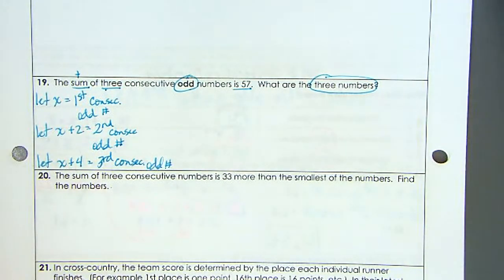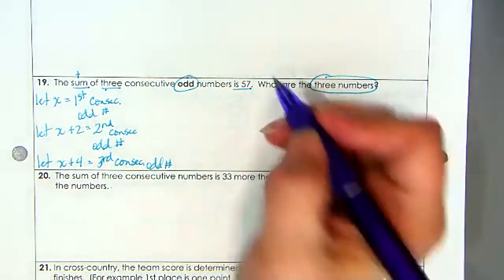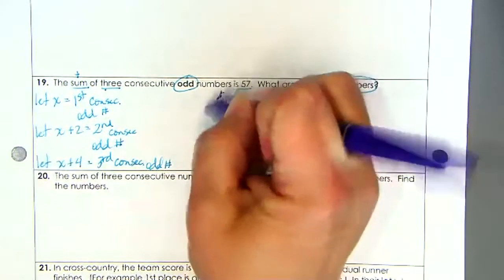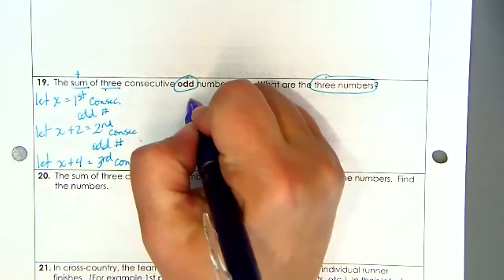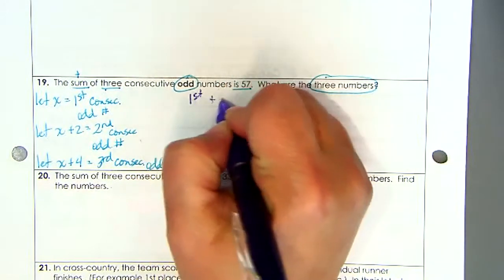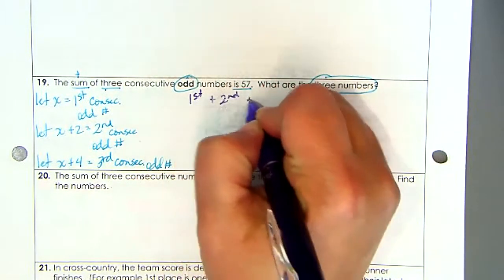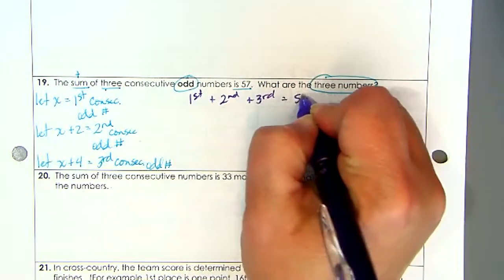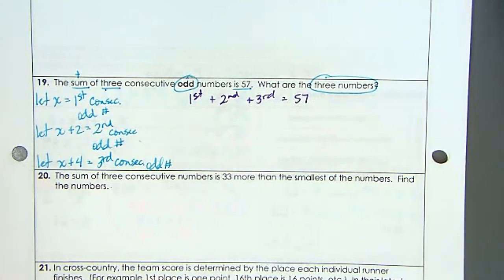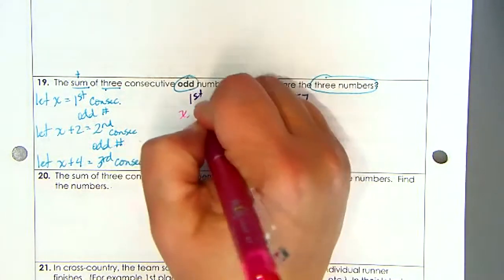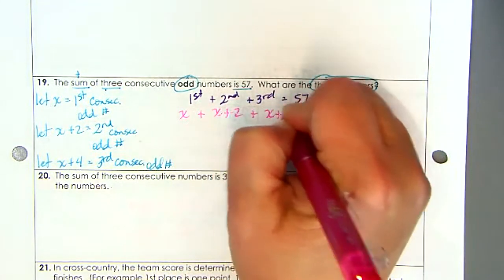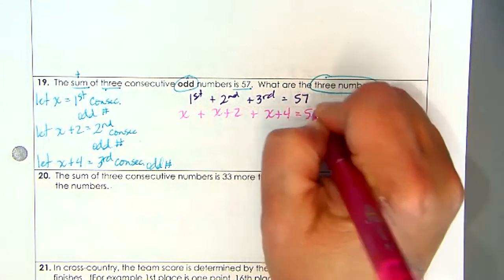Okay, game plan. I'm adding. I'm doing the first plus the second plus the third equals 57. So now I plug in my info. So I have x plus x plus 2 plus x plus 4 equals 57.